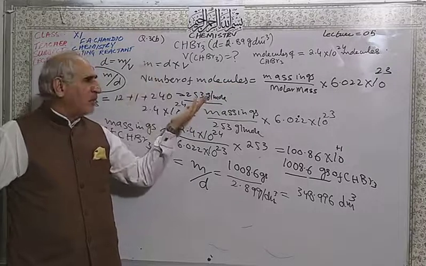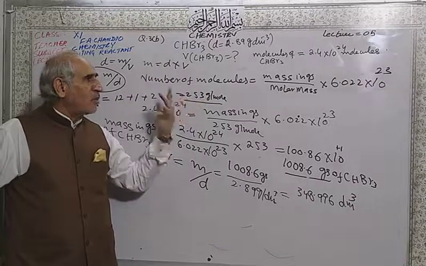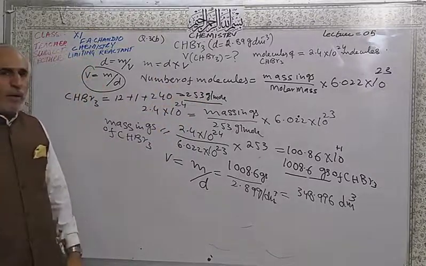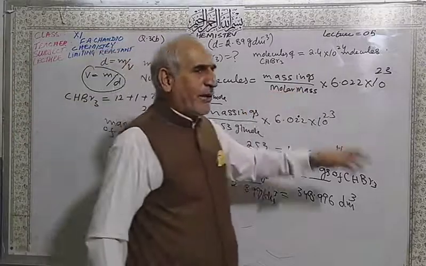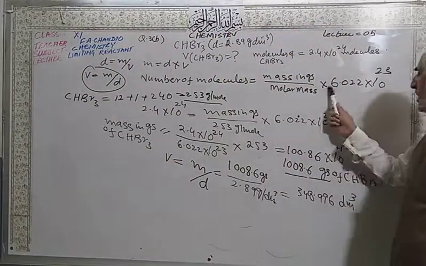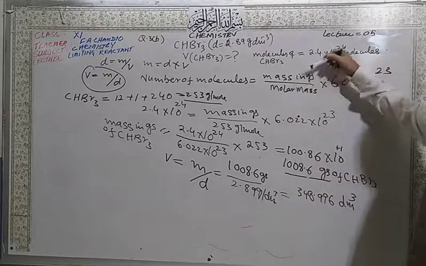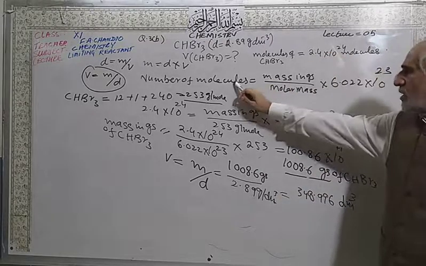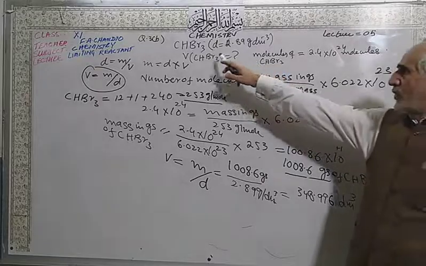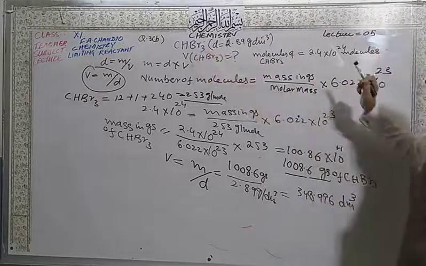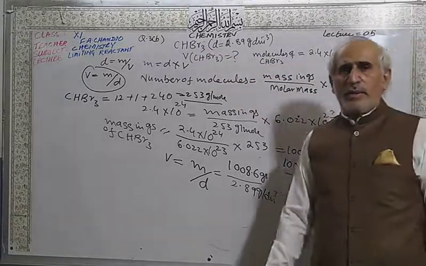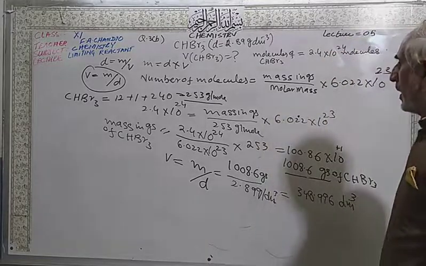If you see back, I think lecture number 2, the number of molecules is equal to mass in grams over molar mass multiplied by Avogadro's number. Mass we have to find. Molecules are given. Molar mass I find from the atomic masses, and Avogadro's number is a constant.